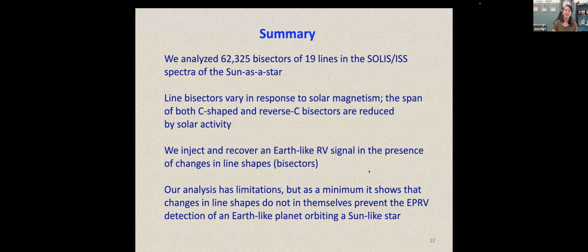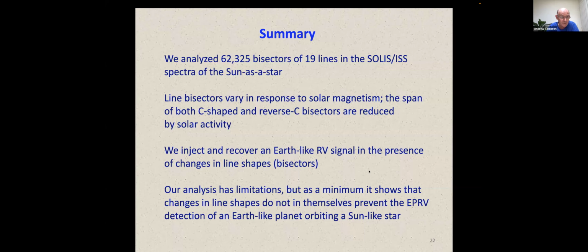Andrew, go right ahead. Well, it was a wonderful talk, Drake, and really a very different approach. It's good to see what you've found. One of the things that's worrying us most at the moment is not so much the magnetic effects as the granulation, and in particular the supergranulation effects.